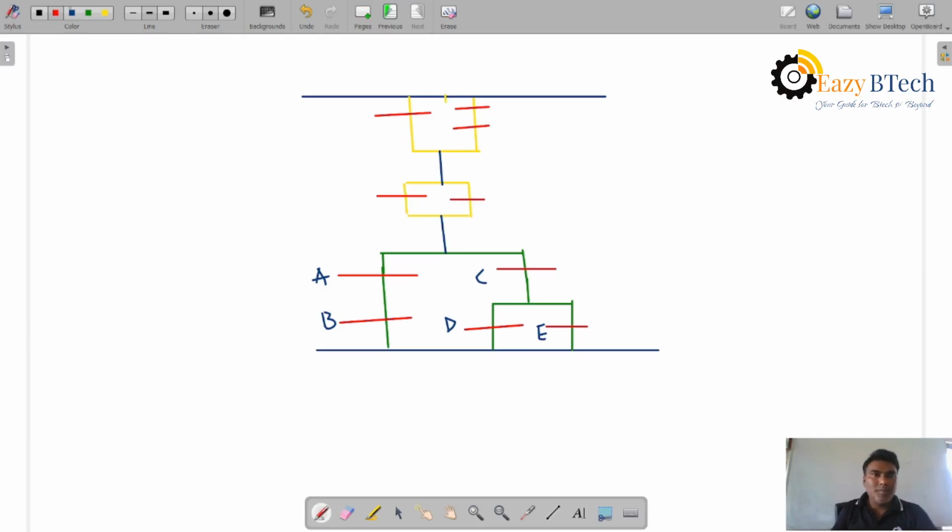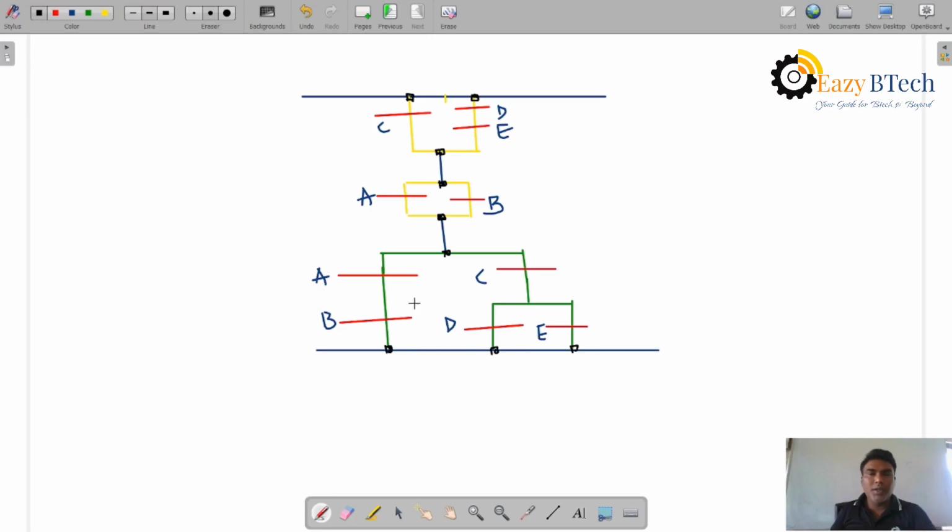Let me write this. This is the A terminal, B terminal, C terminal, D terminal and E terminal. The interconnecting points we take as black contacts. One interconnecting point over here.